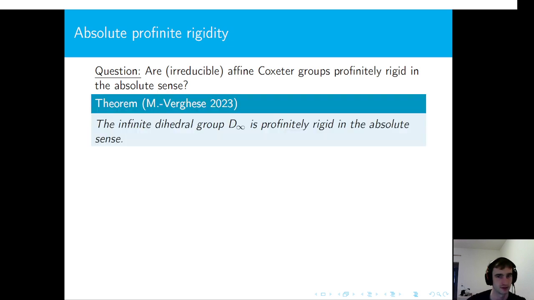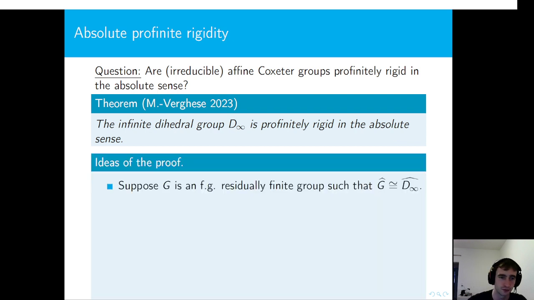And it is. So this is what we also showed, that the infinite dihedral group D infinity is profinitely rigid in the absolute sense. And again, I want to give you some ideas of the proof. So suppose G is a finitely generated residually finite group, which has the same profinite completion. And then we do similar arguments again.